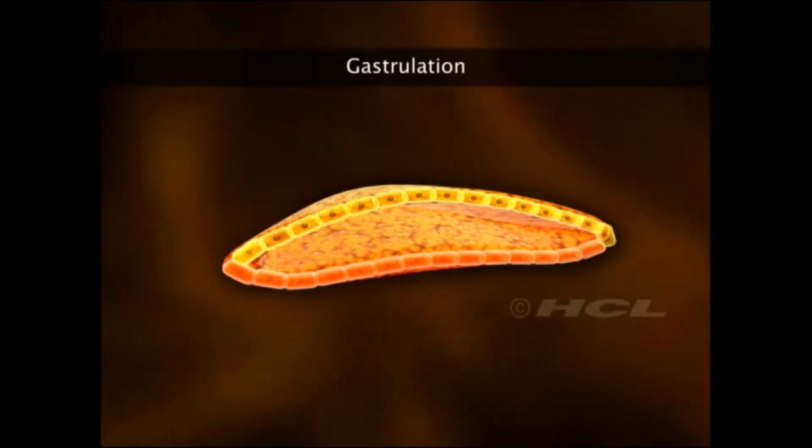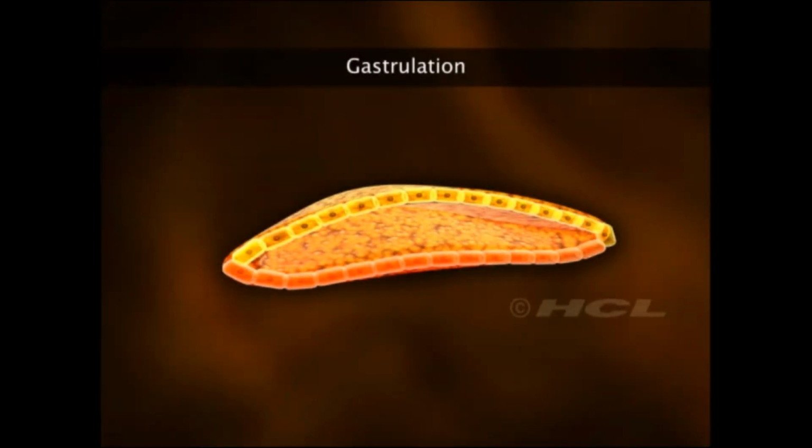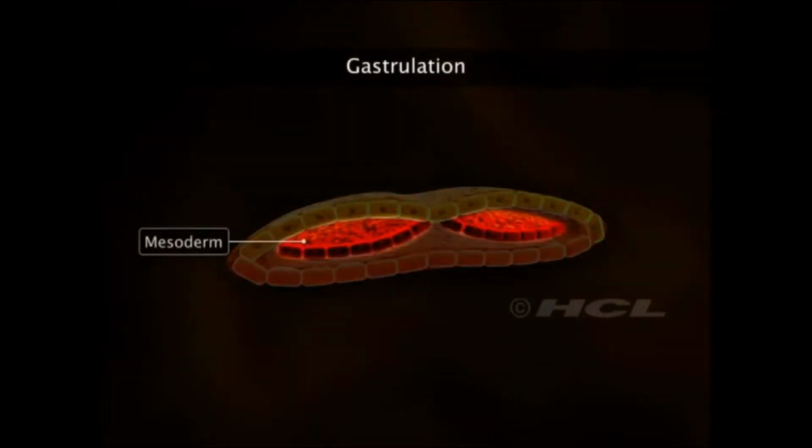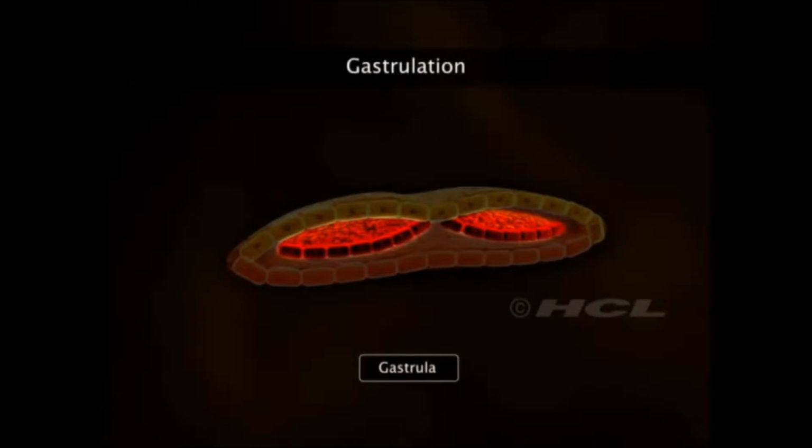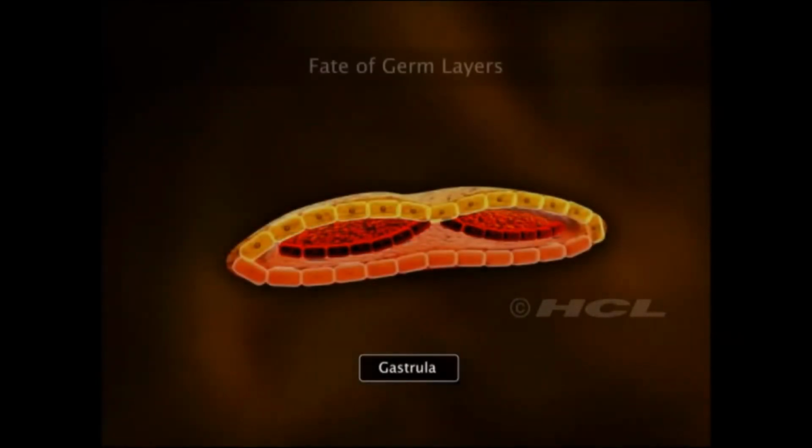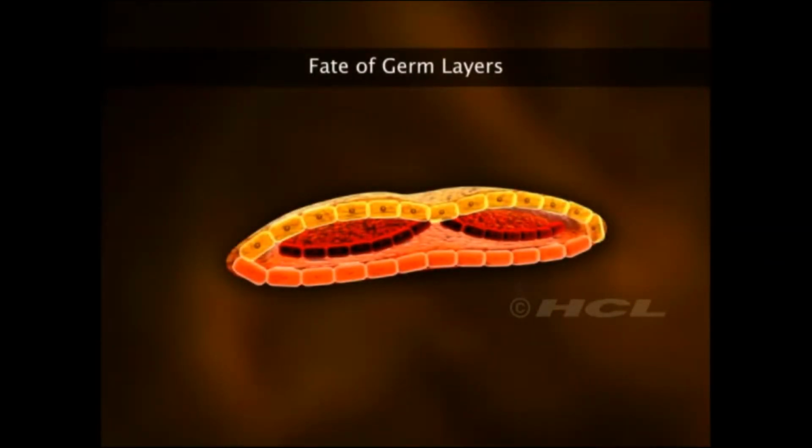Some cells moving inward contribute to form the mesoderm, the middle layer. The embryo is now called a gastrula. Gastrulation establishes the body pattern, that is, each tissue and organ originates in one of the three primary germ layers of the gastrula.